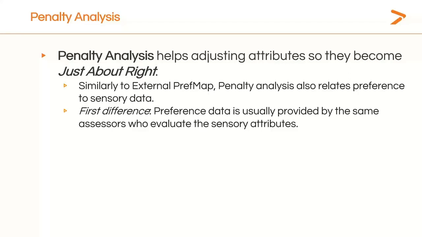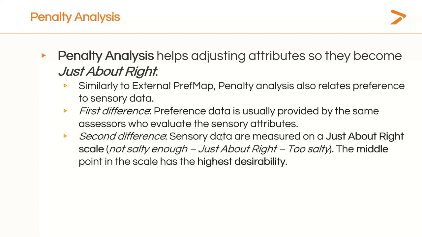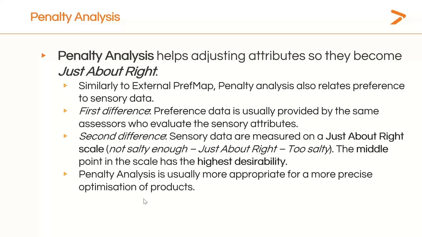In this case, the same assessor should be evaluating liking scores or satisfaction scores and sensory attributes. The second difference is that sensory data are measured on a just about right scale, or JAR scale. For instance, not salty enough, just about right, or too salty. The middle point in the scale has the highest desirability. And penalty analysis is usually more appropriate for a more precise optimization of products.